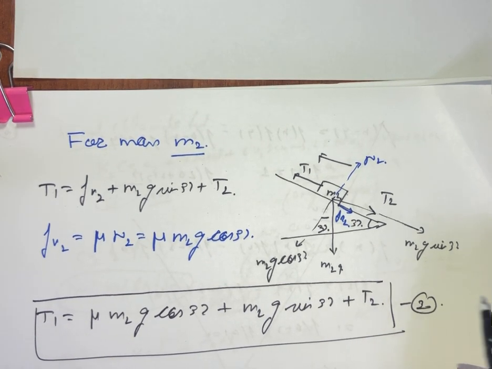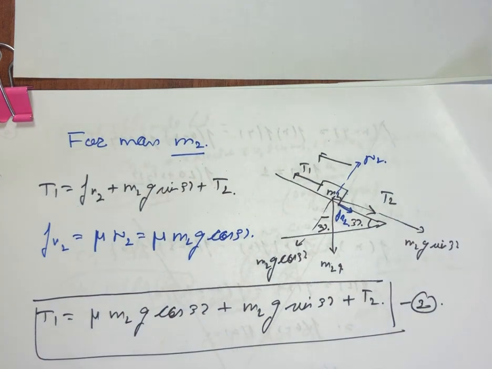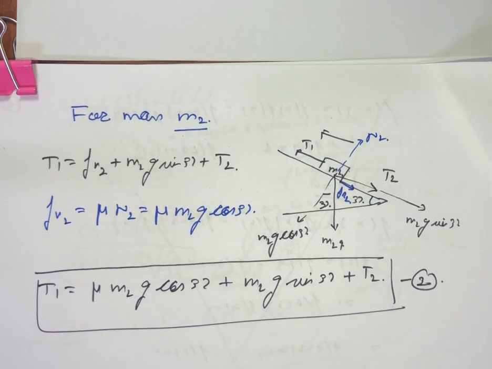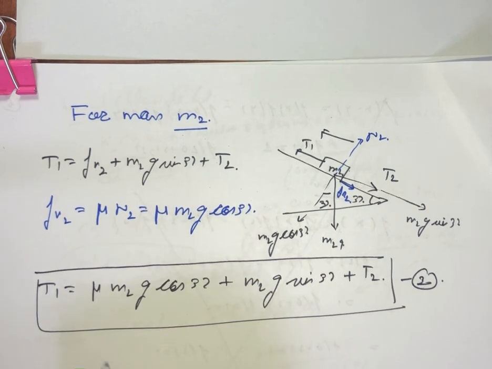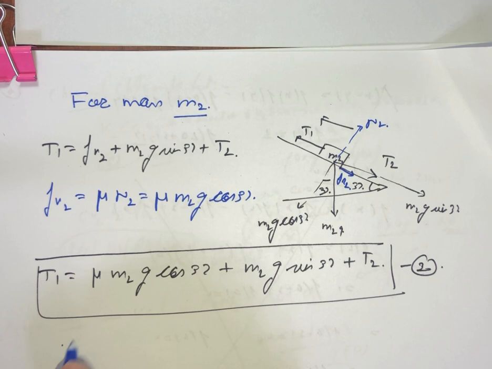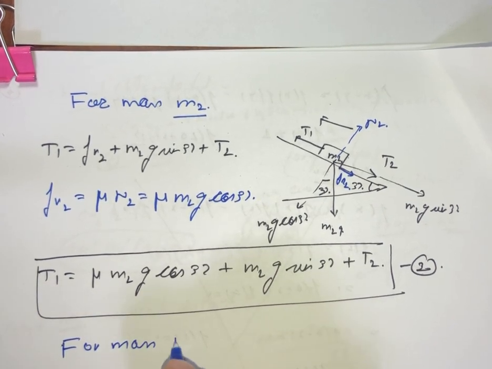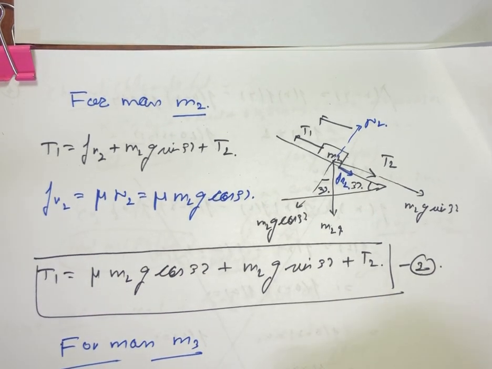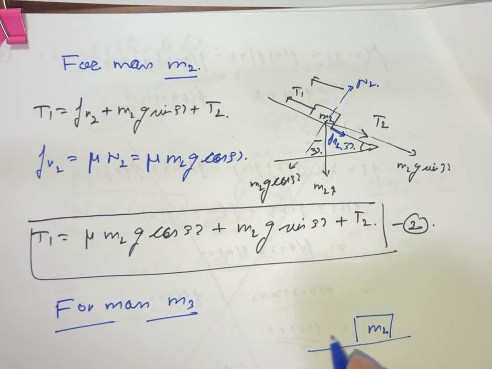Okay, and now we write it for m3. So for mass m3, m3 is on the horizontal plane and it has a tension of T2.